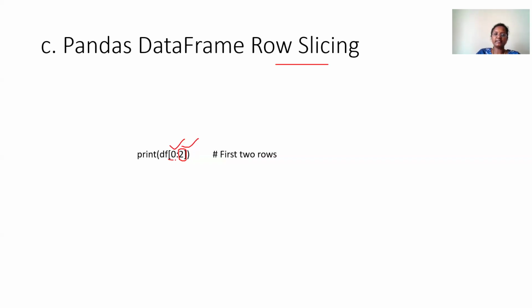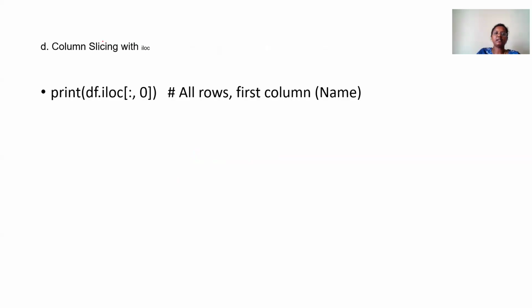Whatever you mention in this place, it will start from here, and this one is how many steps we have to take. So the first 2 rows we have to print as 0 and 1, before 2 we have to complete it. That is row slicing. And column slicing, as I said, is colon, comma, 0. If you give it like this, all rows of the first column will be displayed.